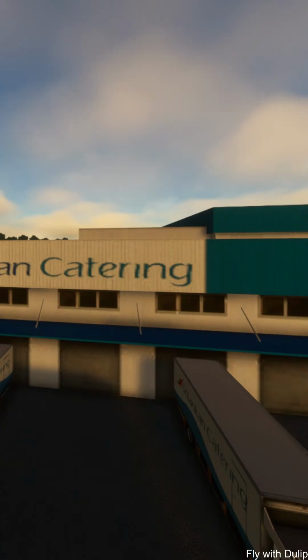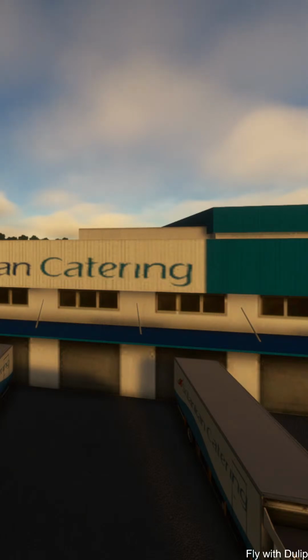So if you are flying in Microsoft Flight Simulator, you can download this scenery and make use of it, because this is one thing that enables you to fly with realism. This is real realism.